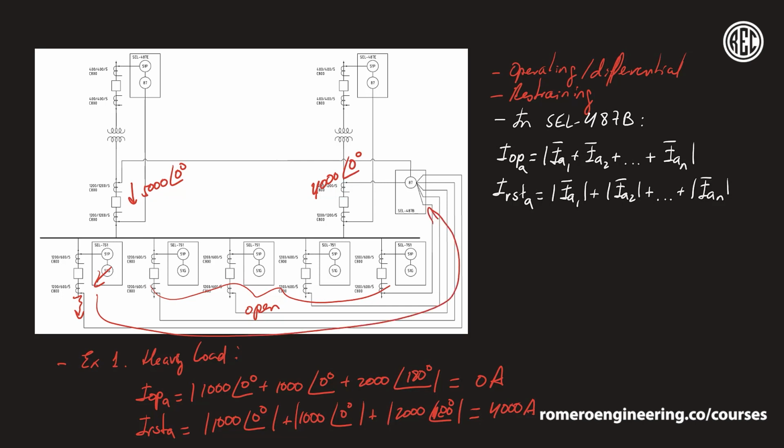So then the current that flows through that CT is going to be the addition of the other two, so 9,000. And because of the way that the CTs are connected, this is going to be 180 degrees, because instead of entering the bus, it's leaving the bus.